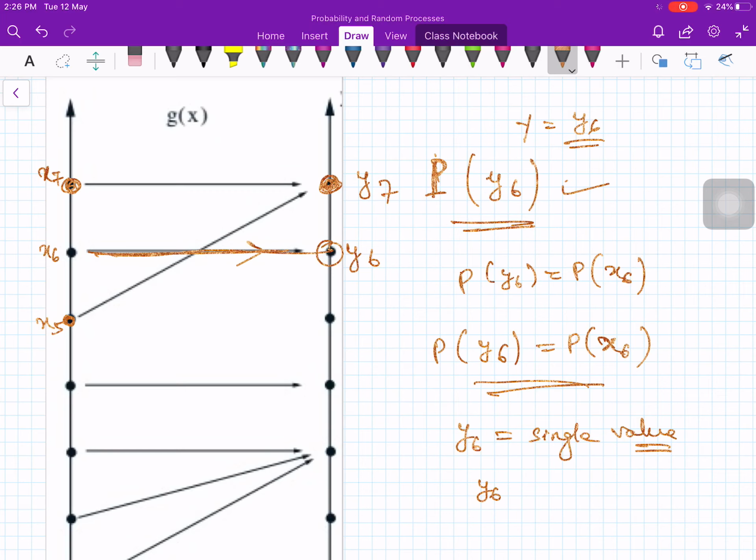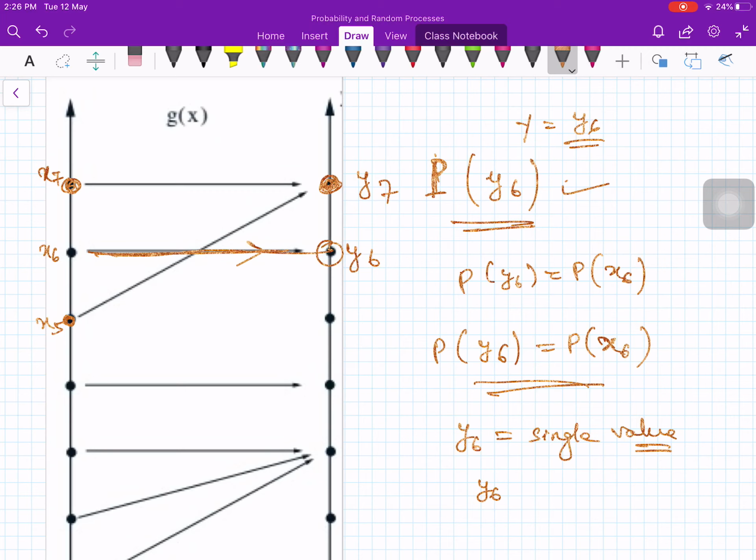Therefore, that does not help. Whenever you consider a discrete point in the continuous case, that will not help us.